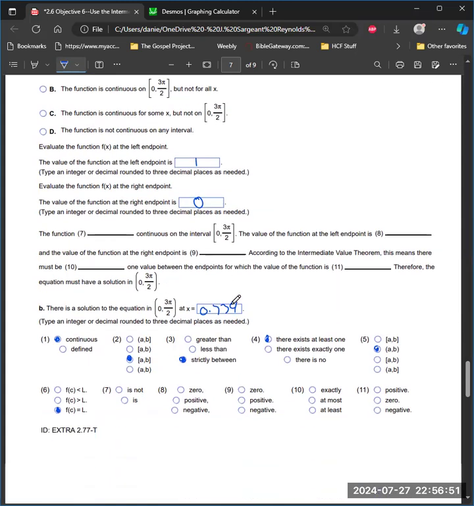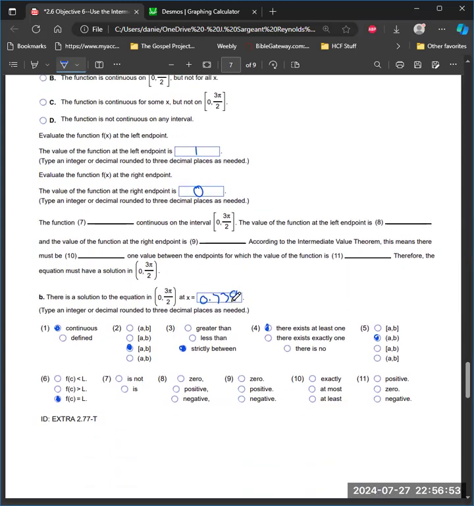And they're going to say that the function is continuous on that interval, the value of the function at the left endpoint is negative, and the function value there is positive. So there needs to be at least 1 zero in between.